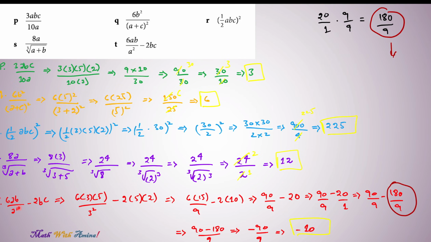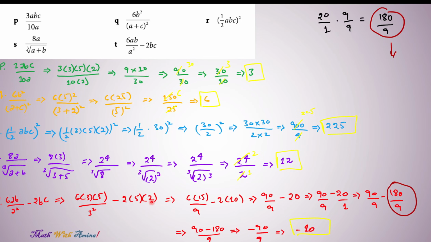And the last expression is 6ab over a square minus 2bc. So replacing the variables with their values given in the question, we get 6 multiplied by 3 multiplied by 5 over 3 square minus 2 into 5 multiplied by 2.